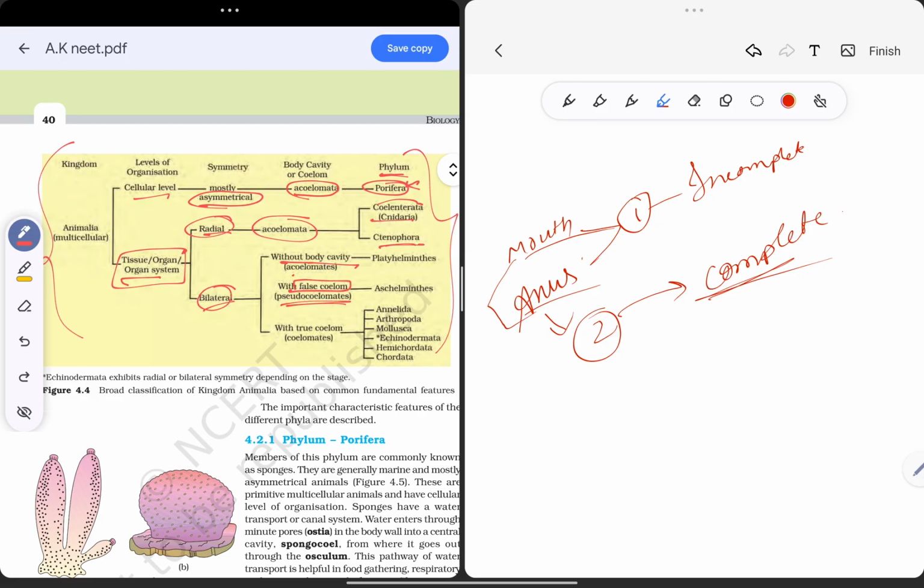Without body cavity means acoelomates. A means no coelom. With true coelom, it's called coelomates. The only pseudocoelomate, with false coelom, is Aschelminthes. The only acoelomate is Platyhelminthes. From Annelida to Chordata, all are coelomates. Remember in this order, okay?